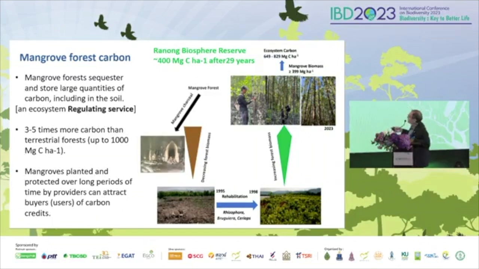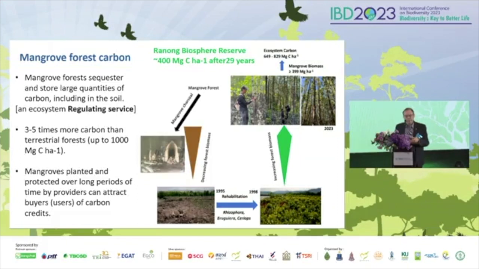But the soil carbon, which you add together with the tree carbon to get an ecosystem carbon, is about double that. So we're getting up to 800 to 900 tons per hectare of ecosystem carbon after 29 years. And so obviously this has a huge value, as you've heard.